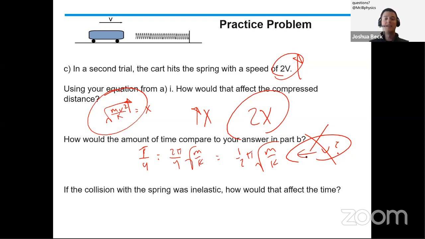Now, if the collision was inelastic, then our velocity when we start the simple harmonic motion is going to be a little bit lower. That won't affect the time either. Would it affect the maximum displacement? Absolutely. But it won't affect the time because we're still going to have the same mass attached to the same spring. It'll oscillate with a different amplitude, but it's still going to oscillate in the same period of time.